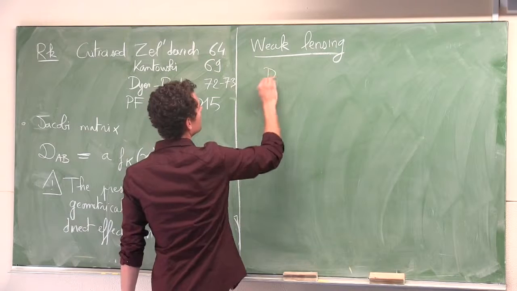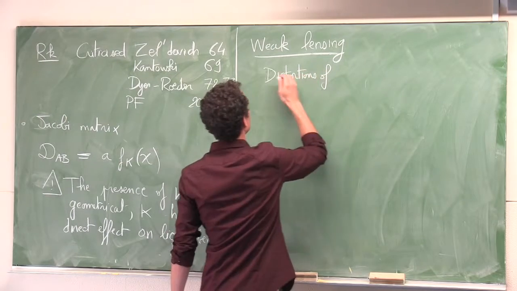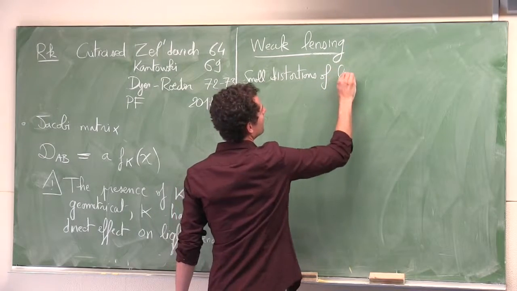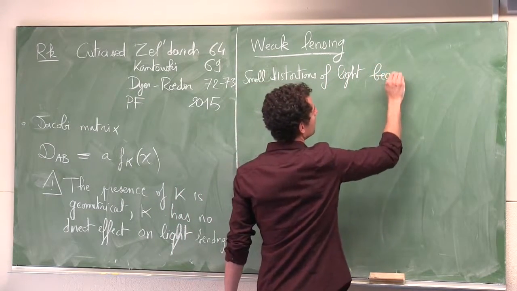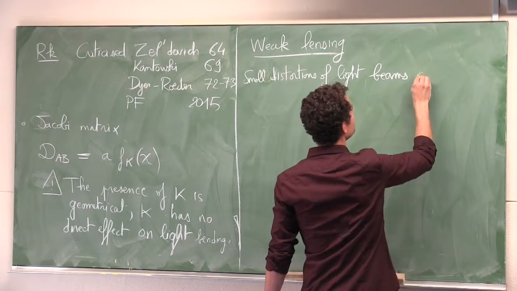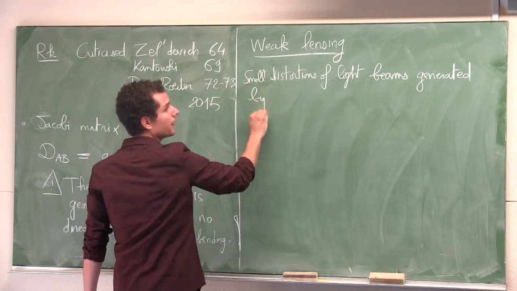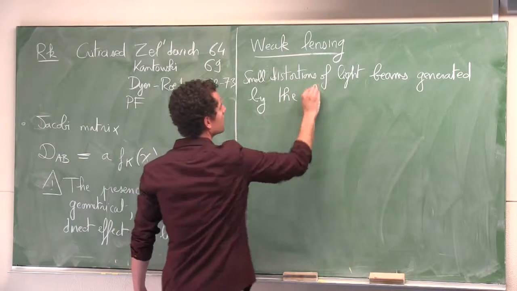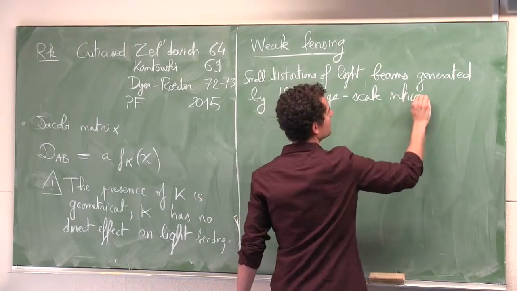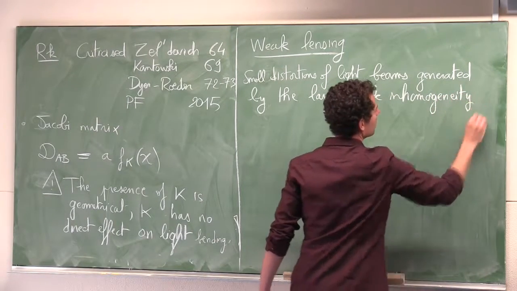So this is small distortions of light beams, and images, therefore, generated by the large scale inhomogeneity of the universe.